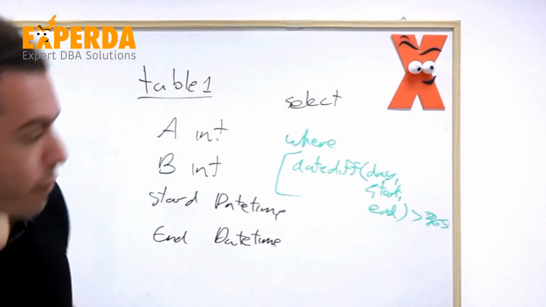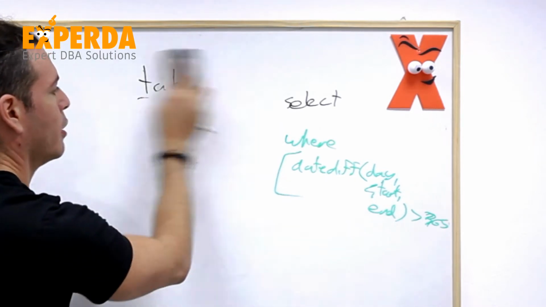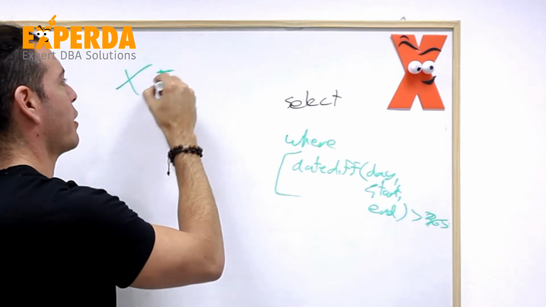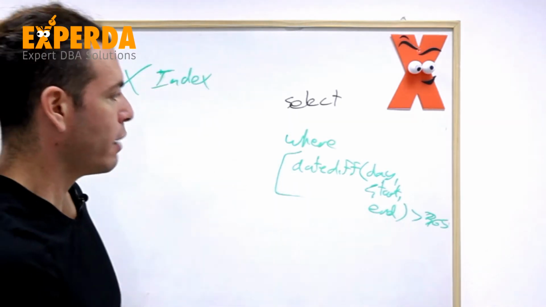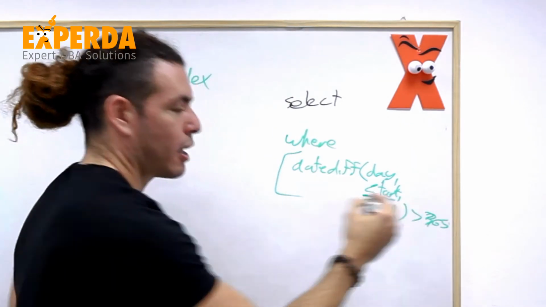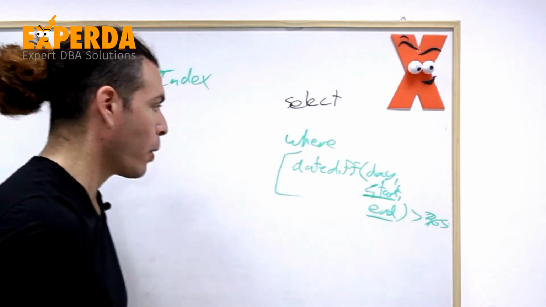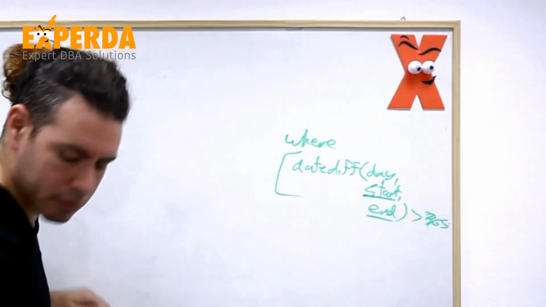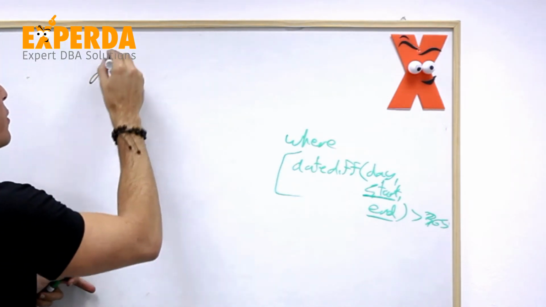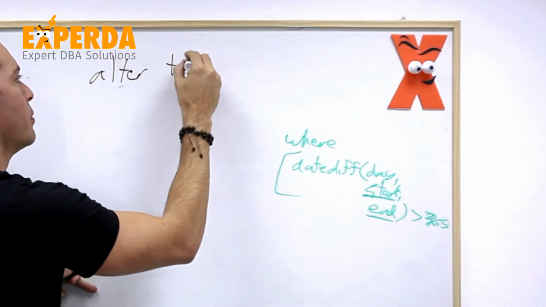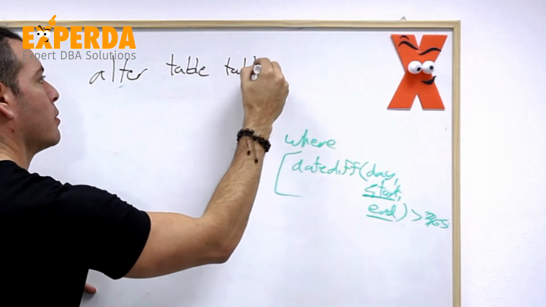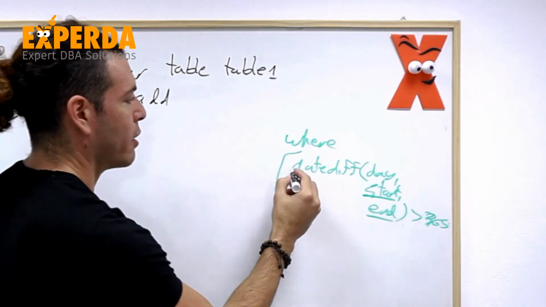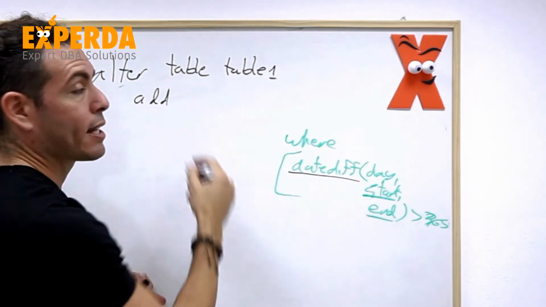What we have to do, now again, right now, this select statement cannot use an index. Even if you have an index on start and you have an index on end, it cannot use an index. However, what we can do is go ALTER TABLE table 1, and this is the syntax, ADD, and then the column name.